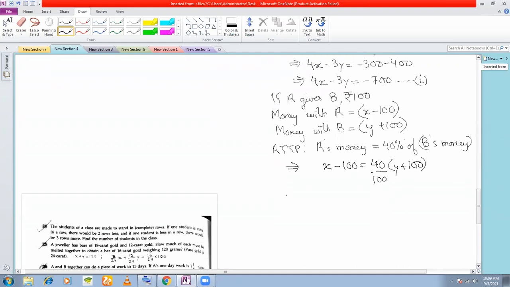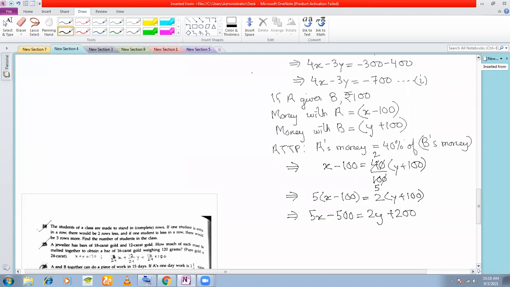Okay, so this will give you our second equation. Cancel here. So now you cross multiply, you'll get 5 times X minus 100 is equal to twice Y plus 100. And 5X minus 500 is equal to 2Y plus 200.